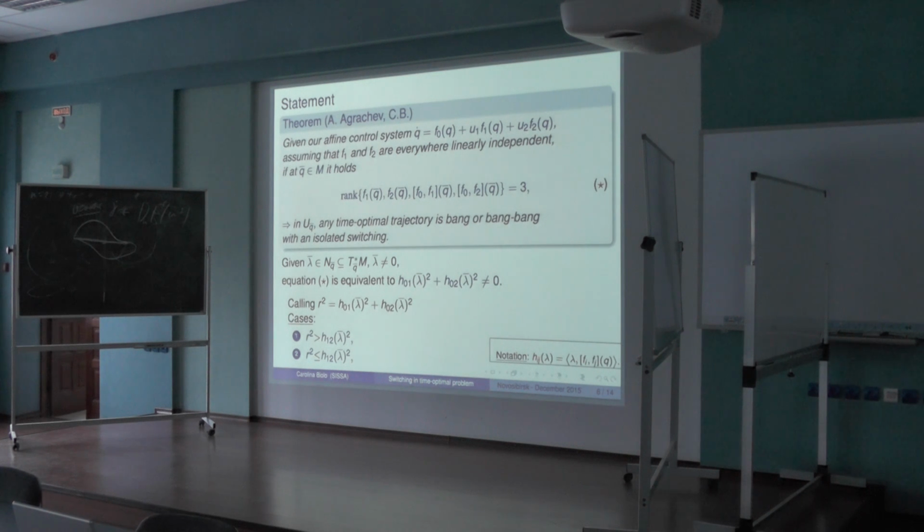So H12 is bigger, and in the case you are interested in, R is 0. For us it's crucial that R is not 0. But looking at this condition and remembering some similar situations, we may expect this kind of behavior. We do not claim that we do not have switch.